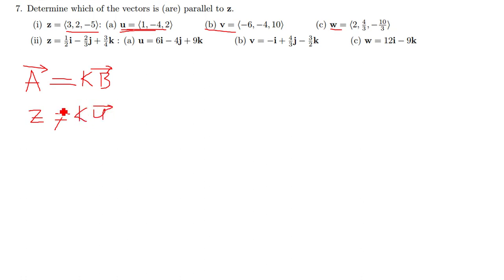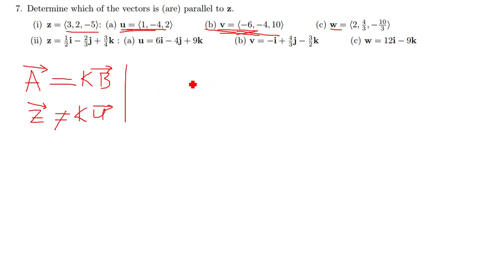So z is not parallel to u. So let's check v. Is there a number that we can multiply with v to get z? Or is there a number that we can factorize from v to get z?